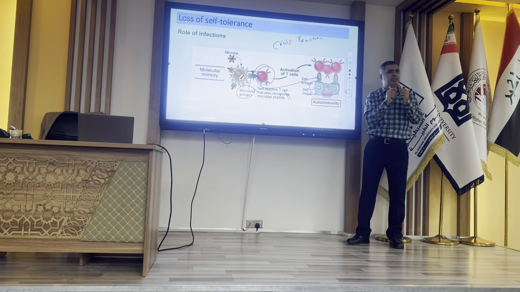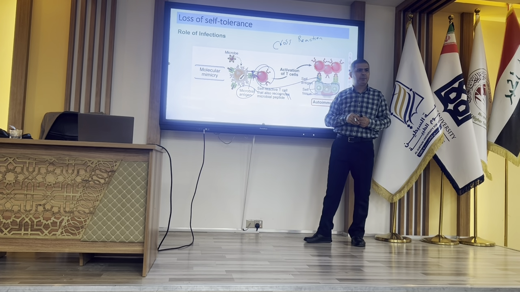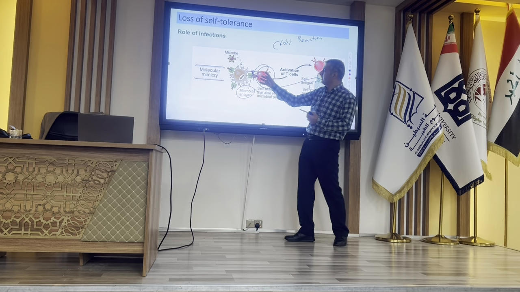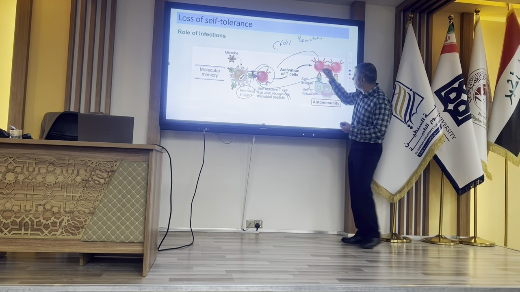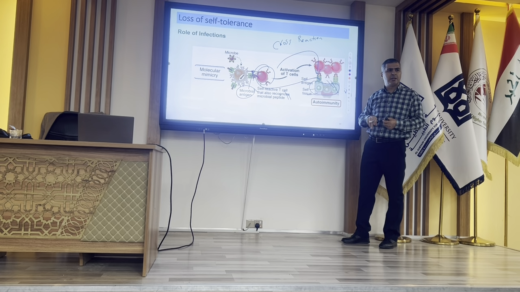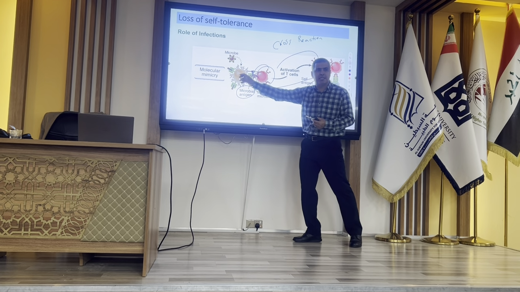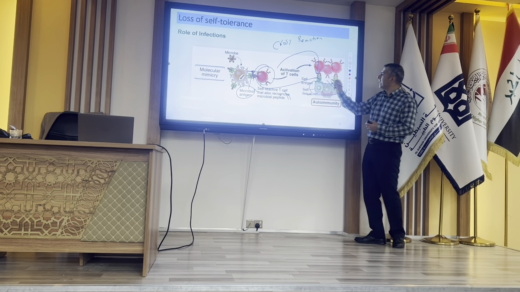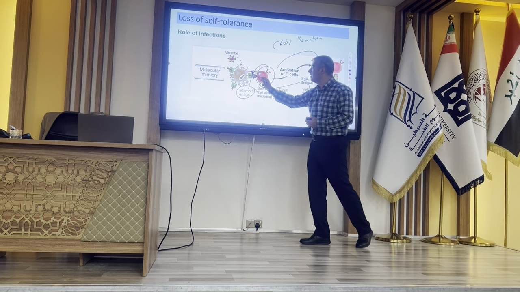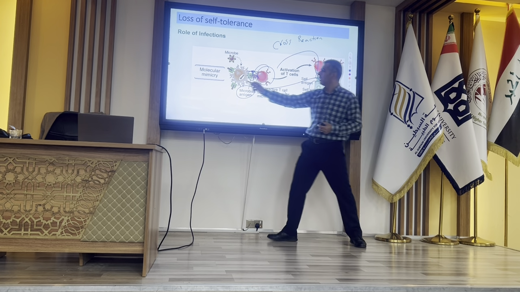There is similarity between self-antigen and antigen of the microbe. So this T cell that reacted against this antigen can now bind to self-antigen as well. So the T cell that is activated against foreign antigen can now attack self-tissue and self-antigen, because the antigens are similar. It is called molecular mimicry.